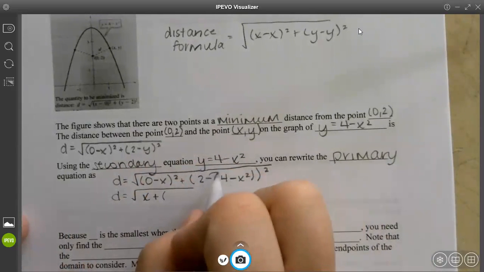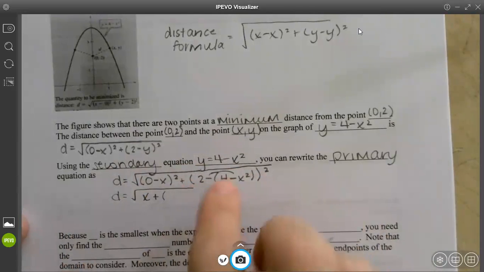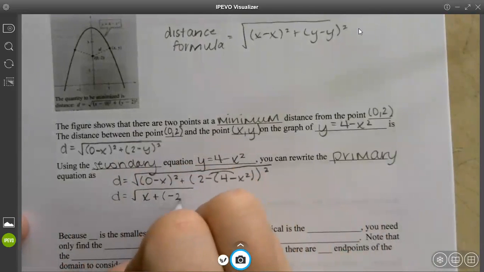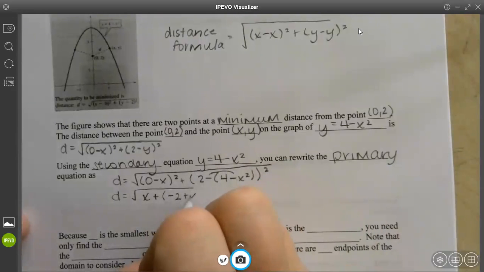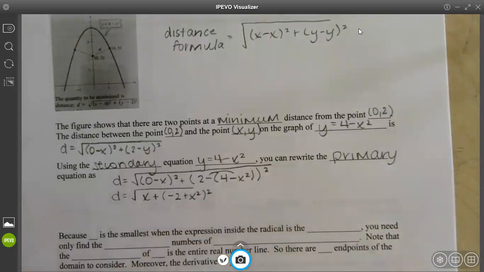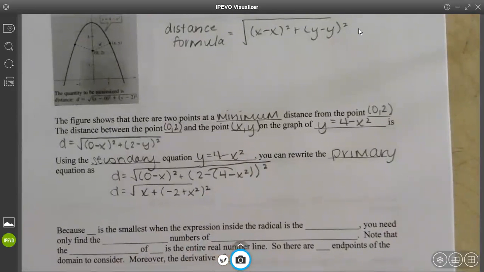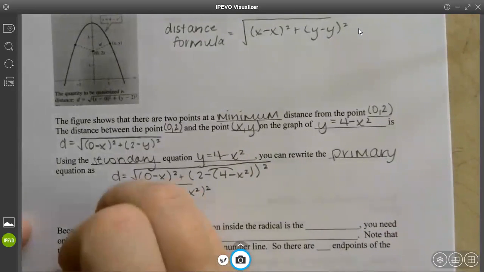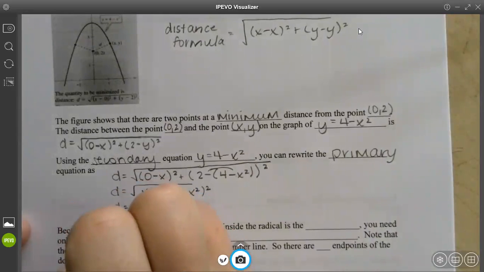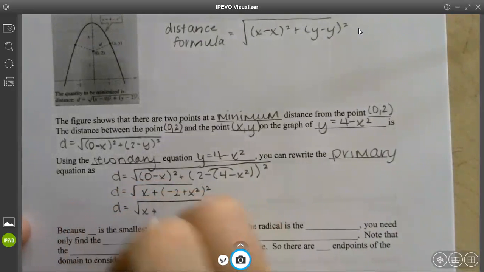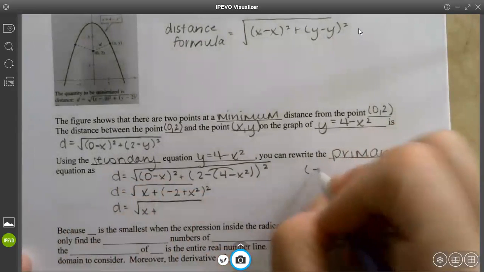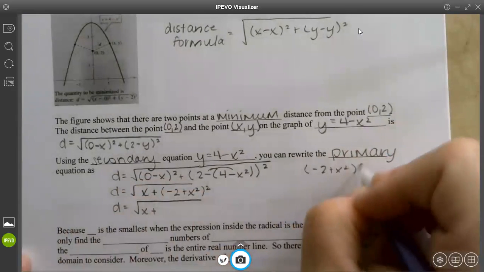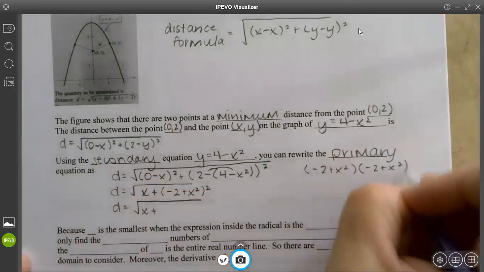I'm going to clean this up. 2 minus 4 is negative 2. And then we have a negative x squared, which is a positive x squared. And we need to square that. When we square this, that means write it twice. Over here, I'm going to work this out for you.